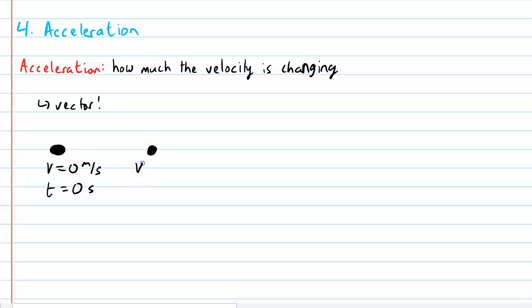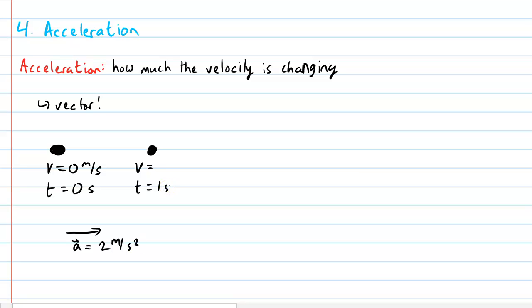This is my velocity at time 1. Because I accelerated, let's say my acceleration points this way, we have to be noticeable on our direction. If my acceleration is 2 meters per second squared, what speed am I at at 1 second?